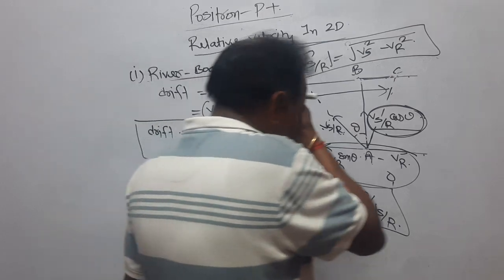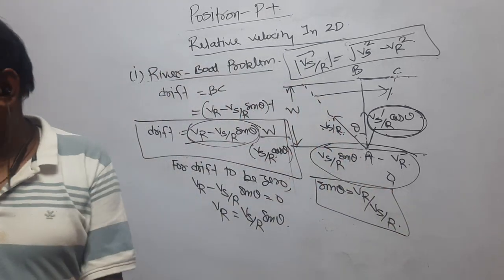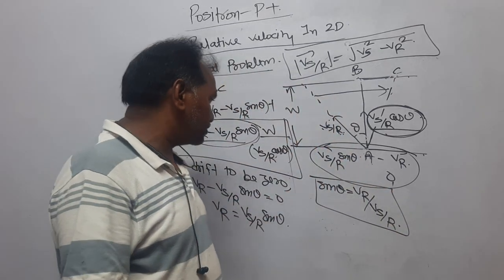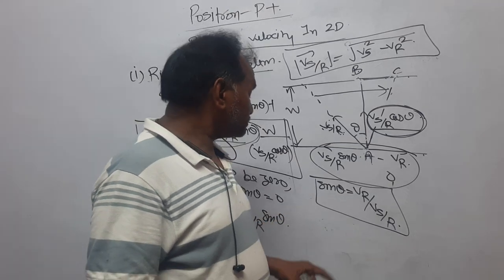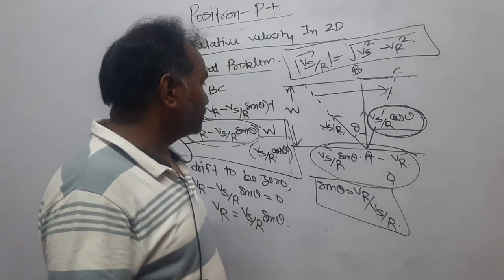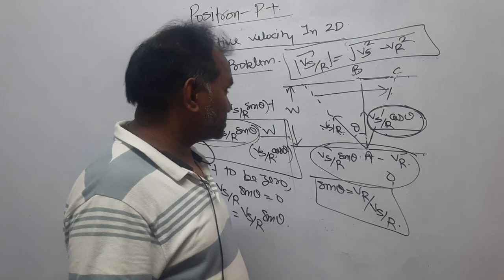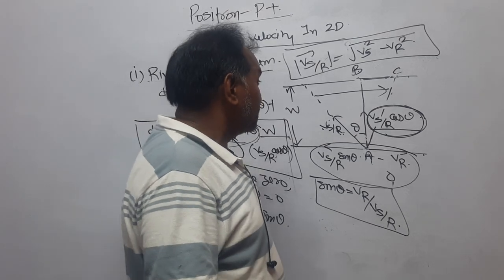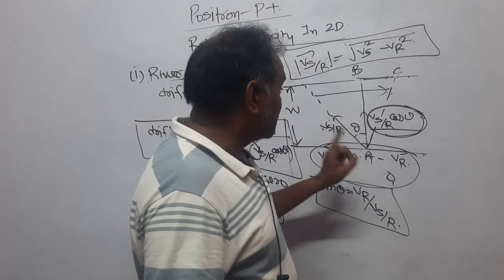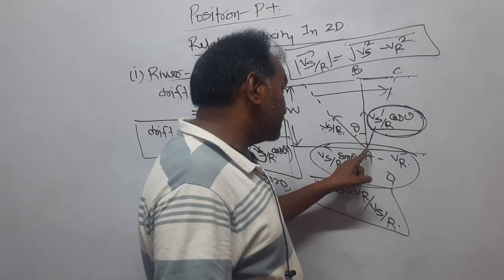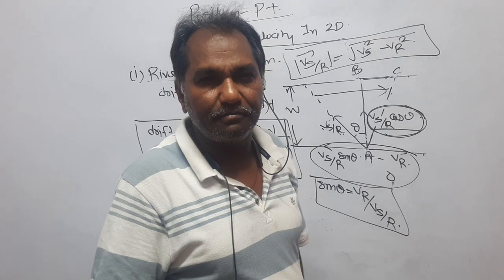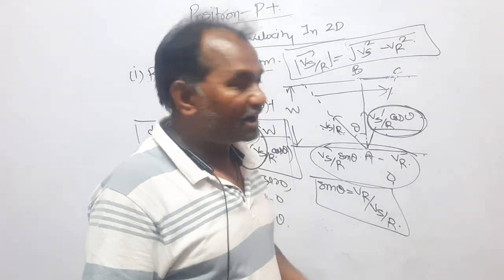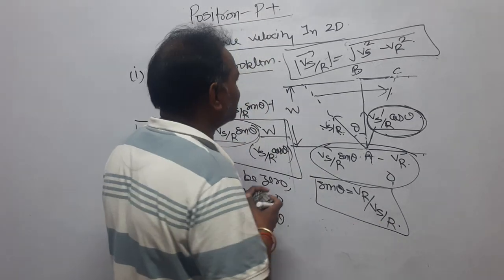Now, dear students, we have found the condition when the drift will be 0: sin theta is equal to VR upon VSR. If drift is 0, it means the sailor begins his motion from A and reaches directly to point B. Only then is drift 0. And how is it? Look here, let's make the diagram.